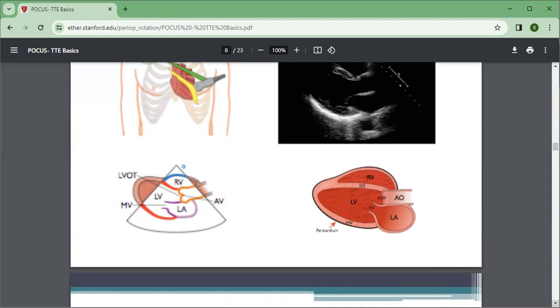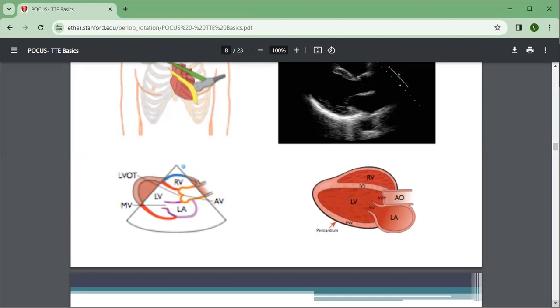You'll see the left ventricle, the left atrium, the mitral valve with its anterior and posterior cusps, the aortic valve, and the aortic outflow tract. You'll see the ventricular outflow tract. Also, you can see the chordae and the papillary muscles.